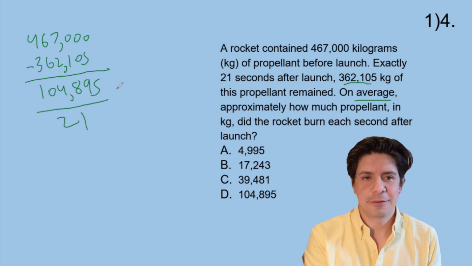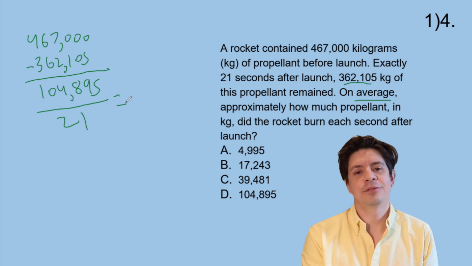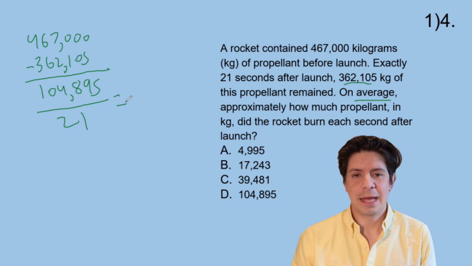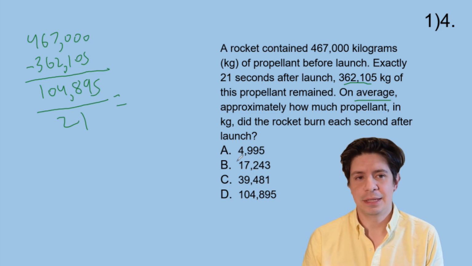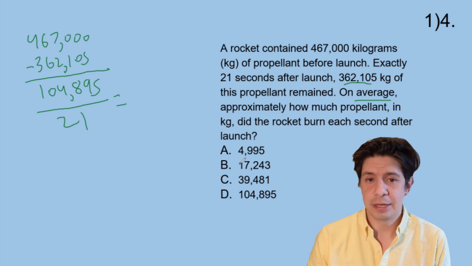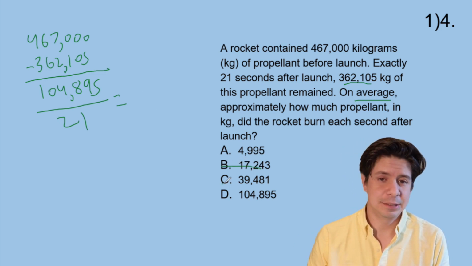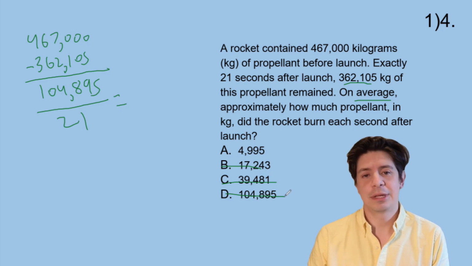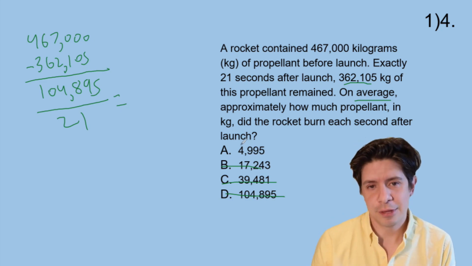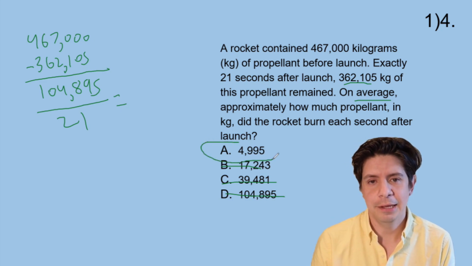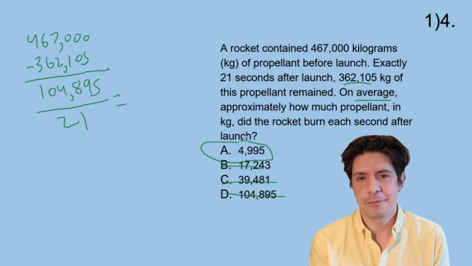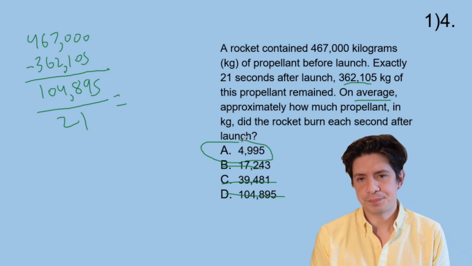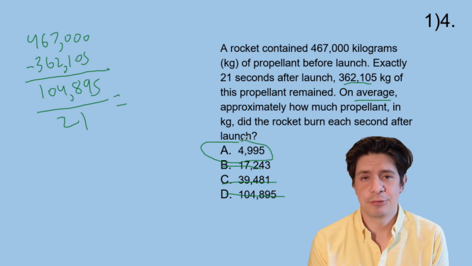You don't even need a calculator for this, honestly, because if you look at the answer choices, we have B, which is 17,000. 20 times 17,000 would be around 340,000. And then C and D are bigger. So you can plug it into a calculator and you get this number, but even without a calculator, you'll know that it's A, 4,995 kilograms per second.